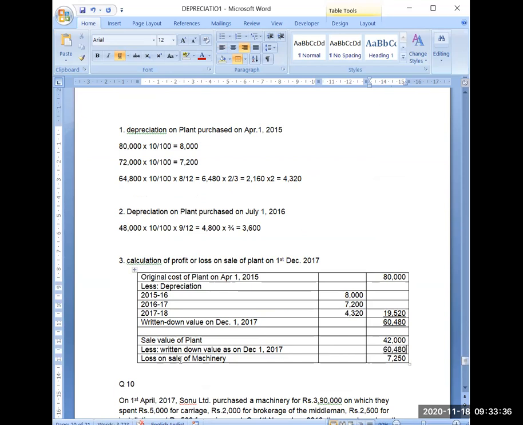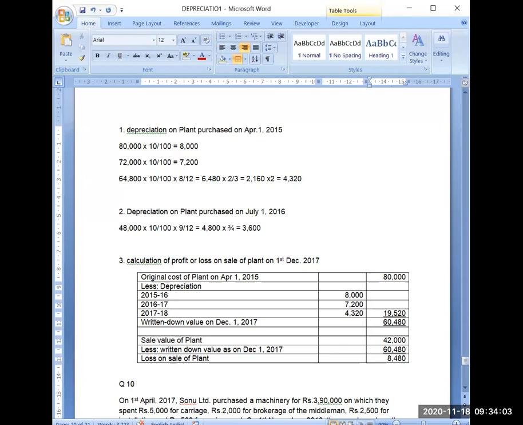So ultimately we are having loss on sale of plant. Now 60,480 minus 42,000. So 480 will come here. Then 10 minus 2, 8.